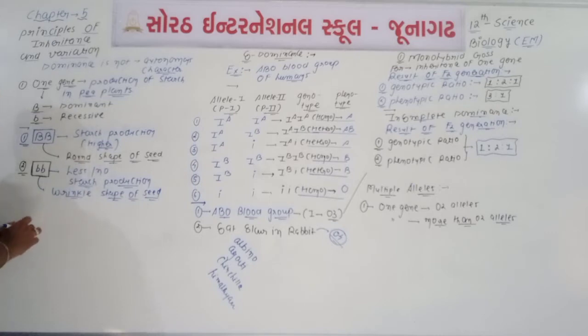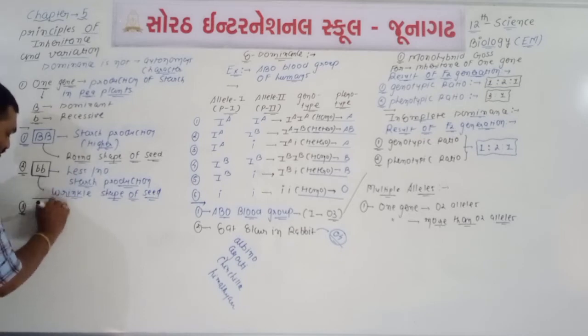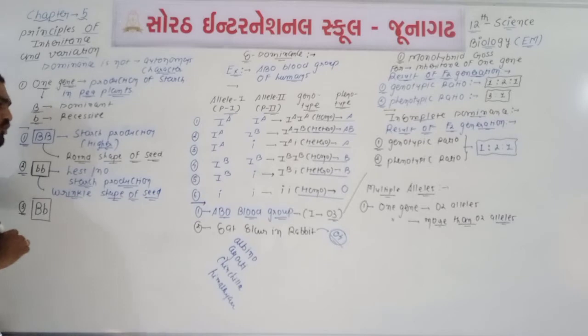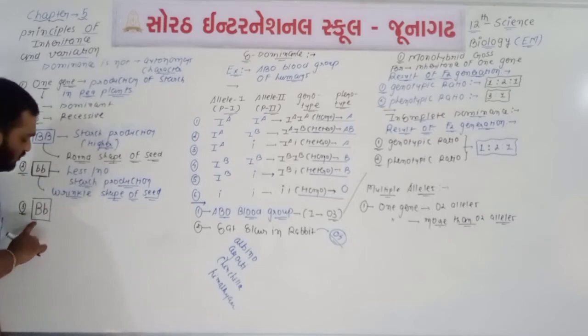Okay, round and wrinkle. Now see, if we talk about the third option, the third option is capital B and small b. It is one type of heterozygous condition, and in this condition the law of dominance is applicable. Law of dominance is only applicable in the heterozygous condition, because one dominant allele is there and the second one is the recessive allele.